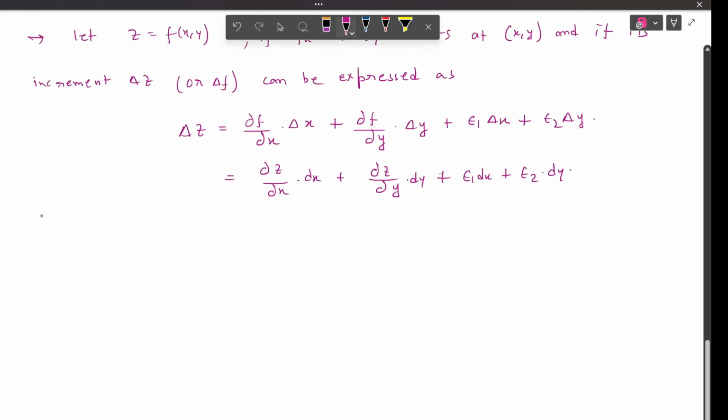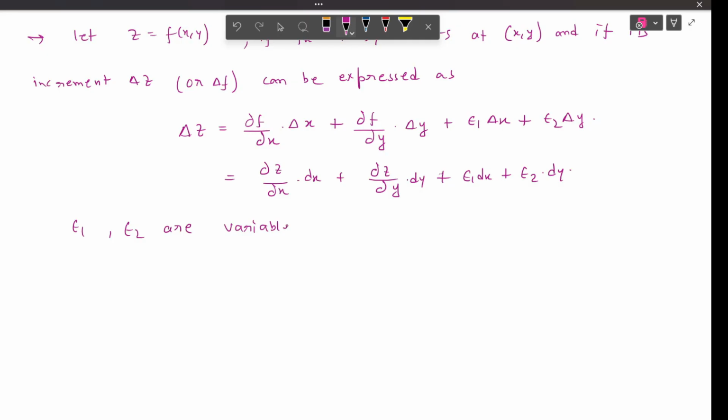Now here epsilon 1 and epsilon 2 are variable depending on delta x, delta y.